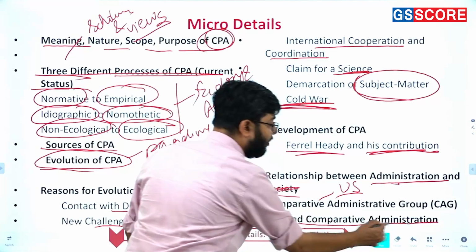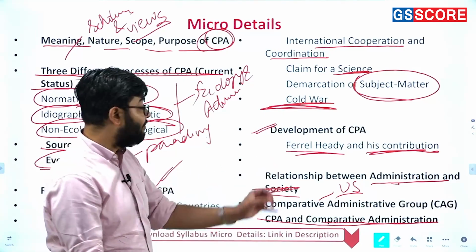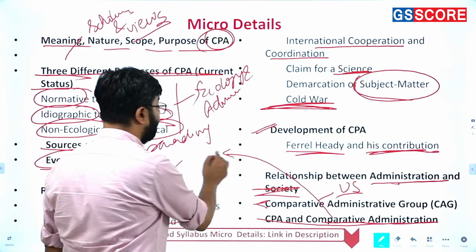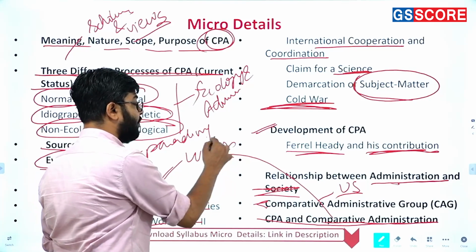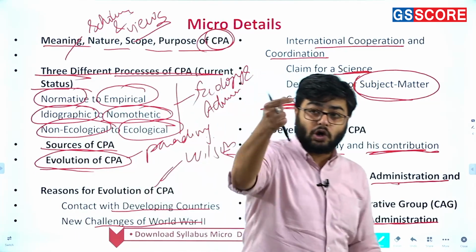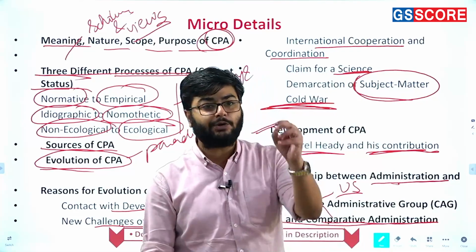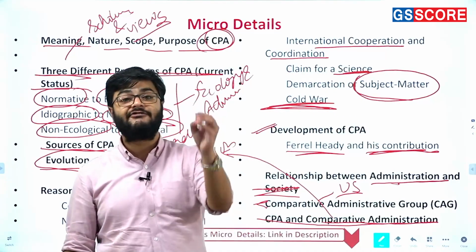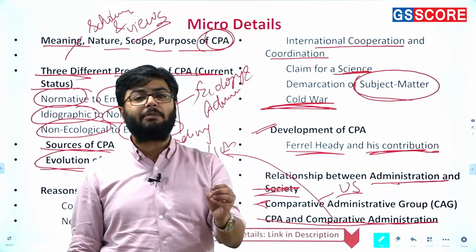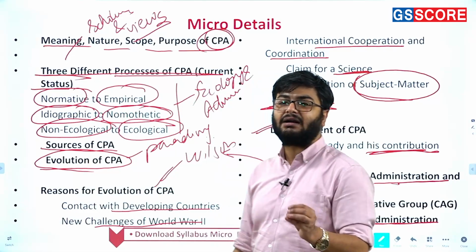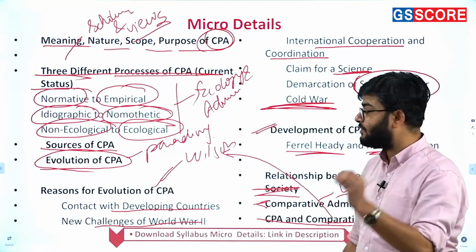CPA and the concept of comparative administration. Remember, the idea of comparison was given even by Wilson, Unit 1. So those linkages have to be drawn, invoked, woven when we take up a unit like Comparative Public Administration.